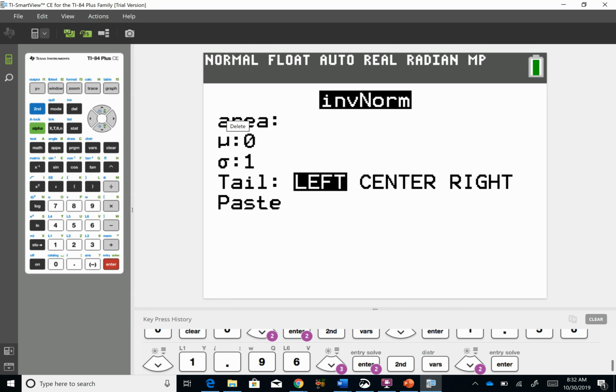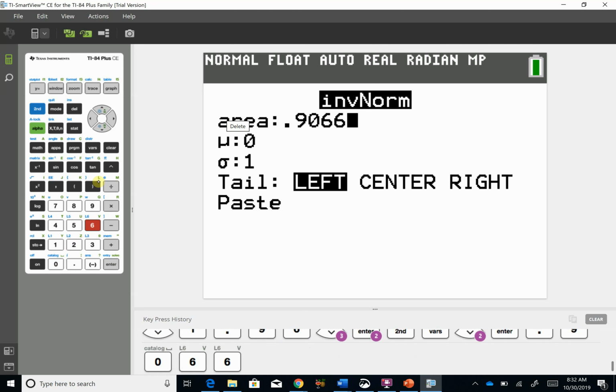If you have an older calculator, you always have to enter in the area to the left. So the area, if I look at our very last example, the area to the left of the z-value was 0.9066. The tail piece they're talking about is which way is shaded. Are we shaded left? Are you shaded in between? Are you shaded to the right?